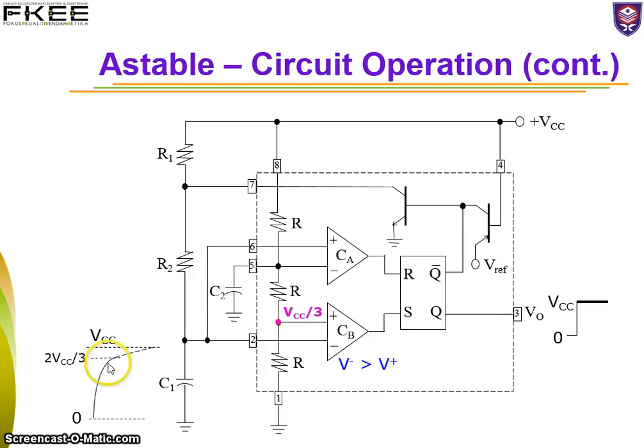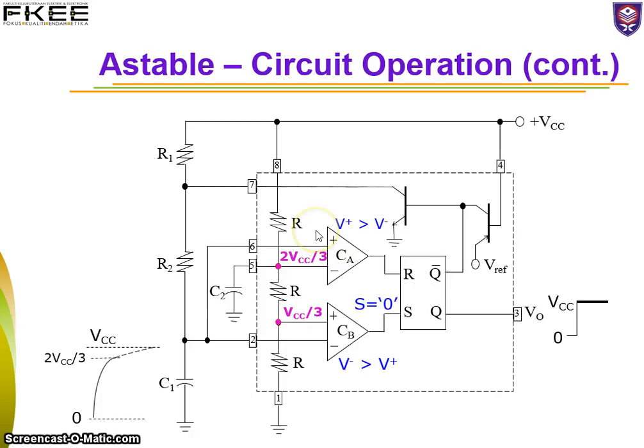So V minus is greater than 1/3 of VCC. So this comparator CB will provide an output of 0, so set will receive 0. For the upper comparator, just now I said that it is being compared with 2 VCC over 3. This is the voltage at this capacitor.